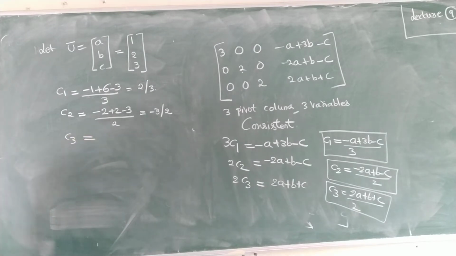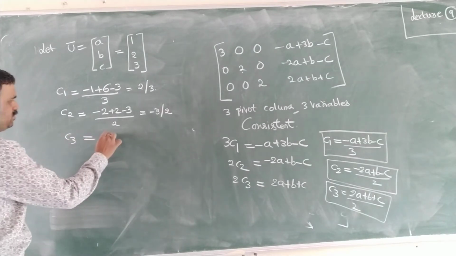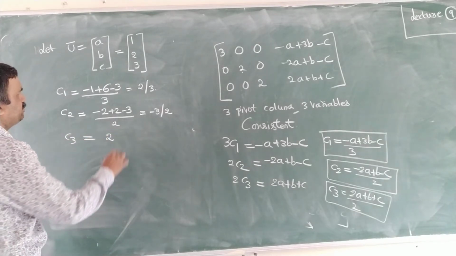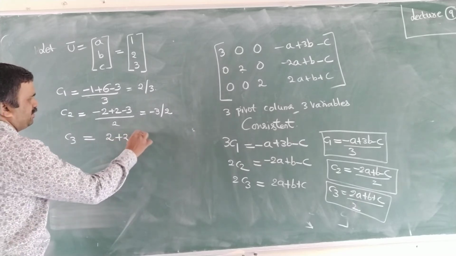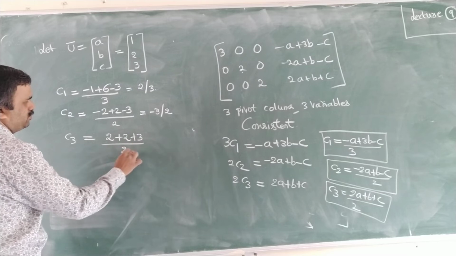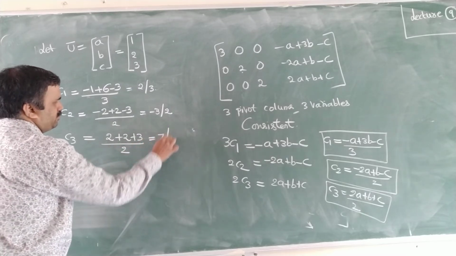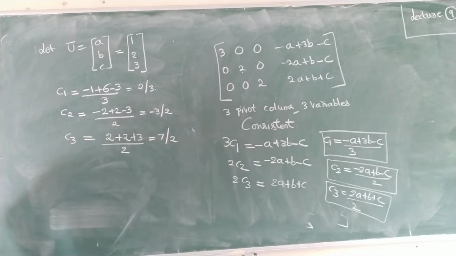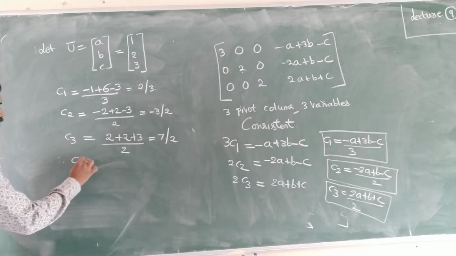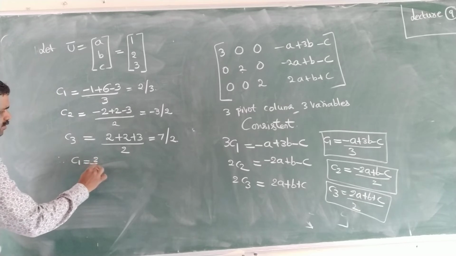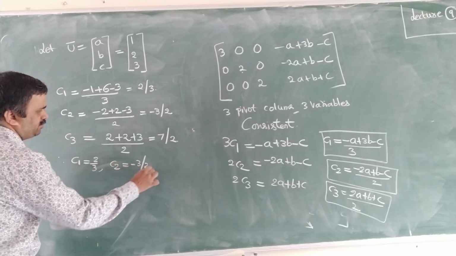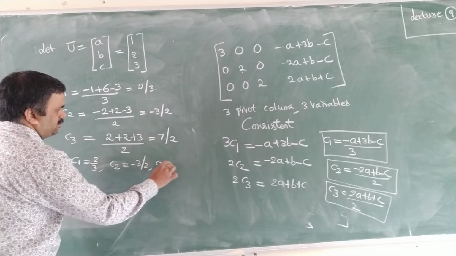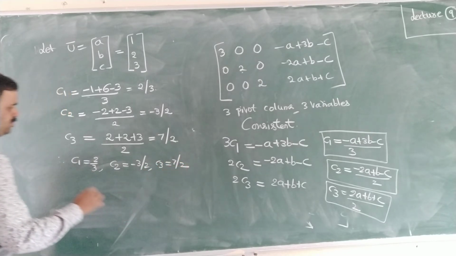C3 equal to (2A, 2, plus B, plus 2, plus C, plus 3) by 2, that is 7 by 2. So we got C1, C2, C3 values. Therefore C1 equal to 2 by 3, C2 equal to minus 3 by 2, C3 equal to 7 by 2.